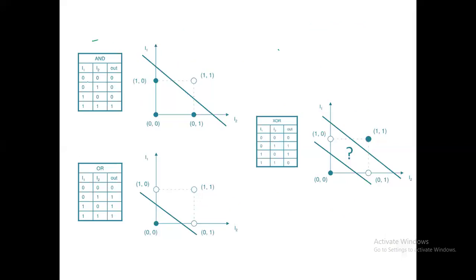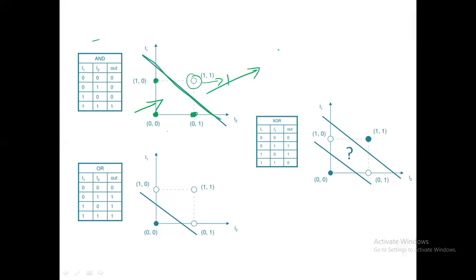If you are taking the AND gate, we have got inputs I1, I2. What is the output? 0, 0, 0, 1, 0, 1, 1, 1. If you are classifying the pattern, this is I1, this is I2. For 0 0 the output is 0, for 0 1 the output is 0, and for 1 1 the output is 1. We can separate the zero class from class 1.